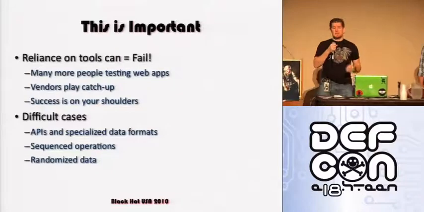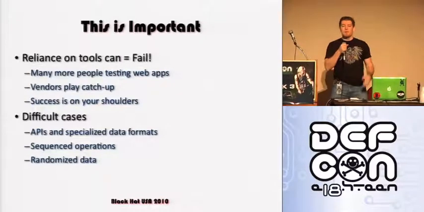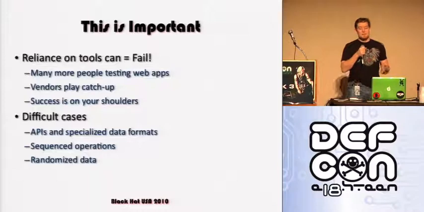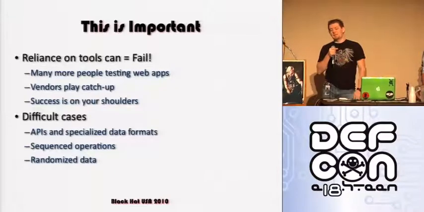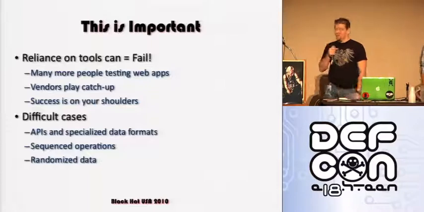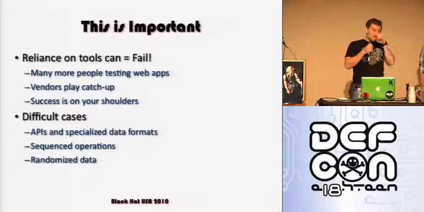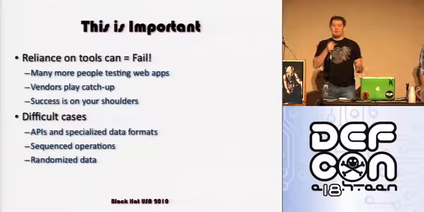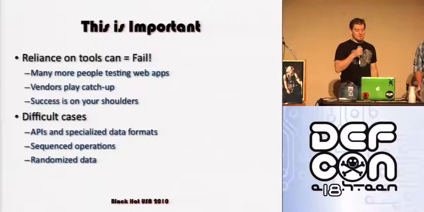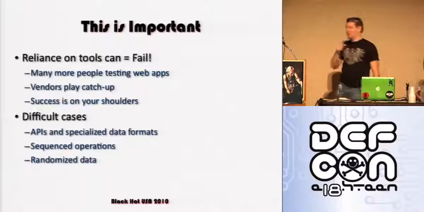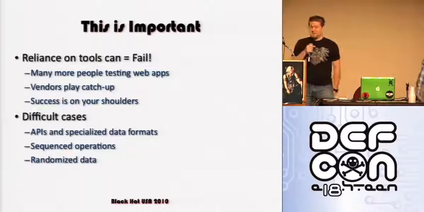With new technologies like Flash and Silverlight, it might not be supported for quite a bit of time between the time people are using it and the time the tools catch up to be able to test it. You can't just say, we have this new technology, we'll wait till everybody catches up and then check whether it's secure. That's not really setting you up for success.